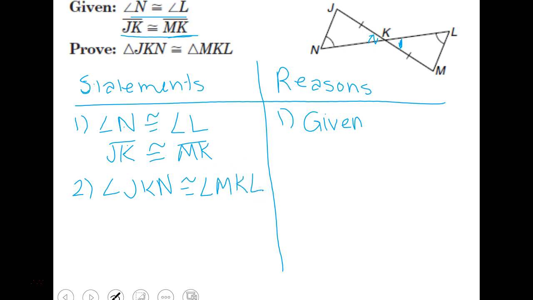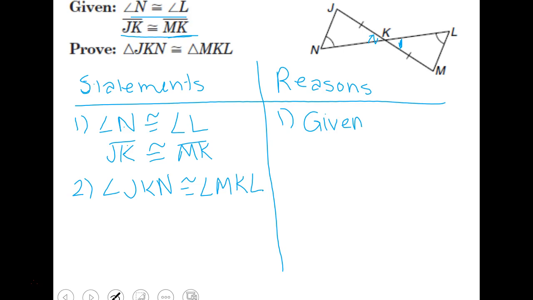Notice there that I named those angles with 3 letters. We cannot just call those angles angle K because there's 4 different angles right there at angle K. So we must use 3 letters. When you name an angle with 3 letters, the vertex has to be the middle letter. So there, for this angle over here, on the left, I labeled that JKN.